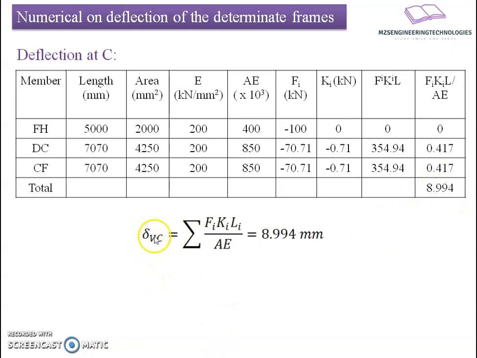If I take it as delta CV, then I can say it is the vertical deflection at joint C, which will be the summation of Fi Ki Li divided by AE, which comes to be 8.994 mm. So we can say that the deflection at joint C due to the applied loading is about 8.994 mm.